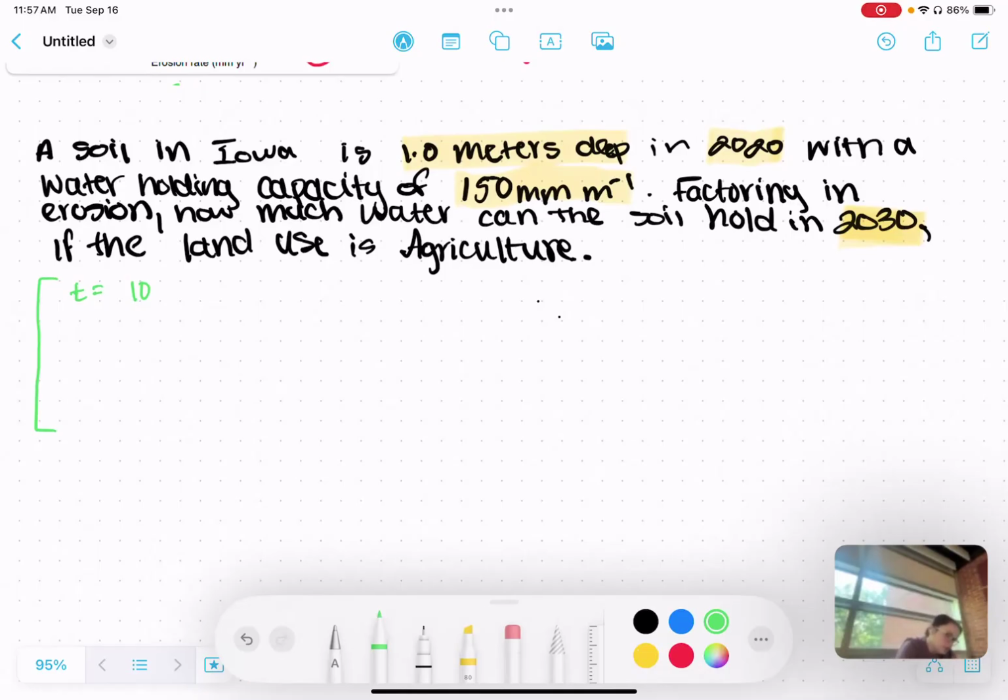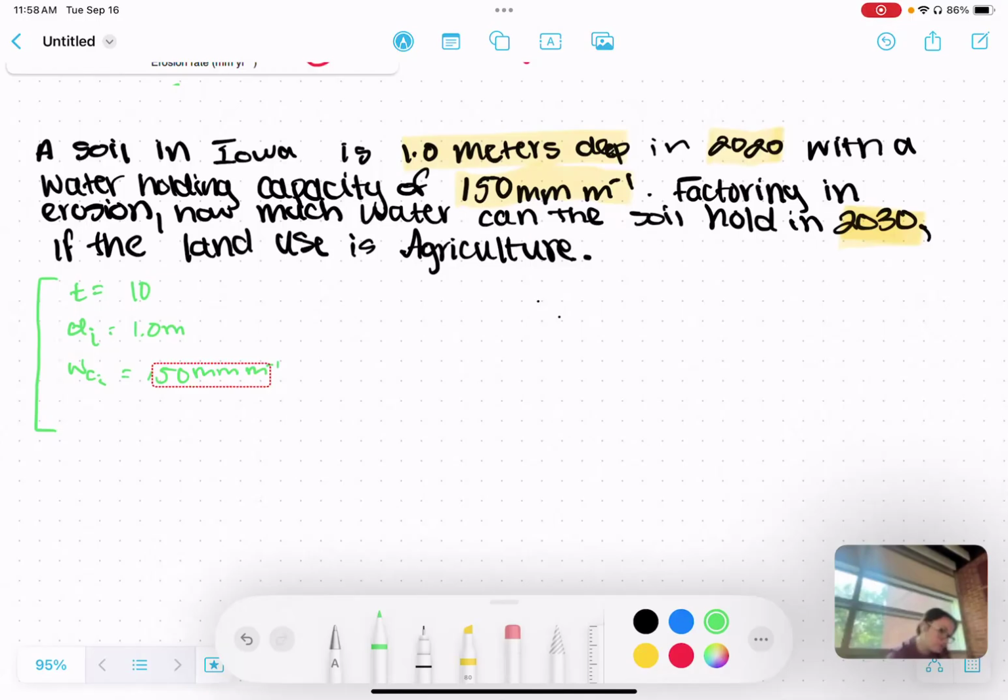So let's do depth, and I'm going to write it with a subscript i. Depth initial is equal to 1 meter. Water holding capacity, so WC i for initial, is 150 millimeters per meter.